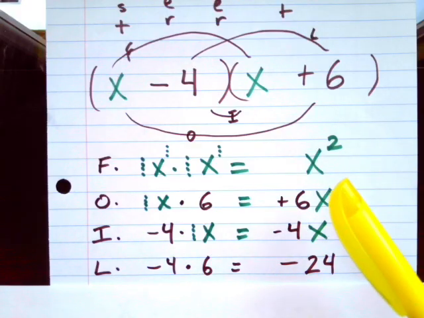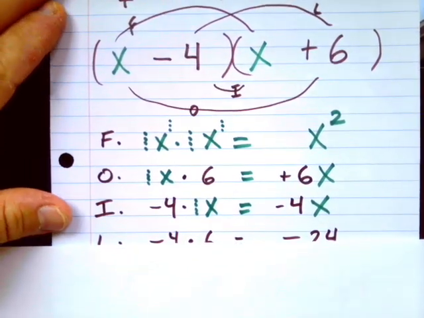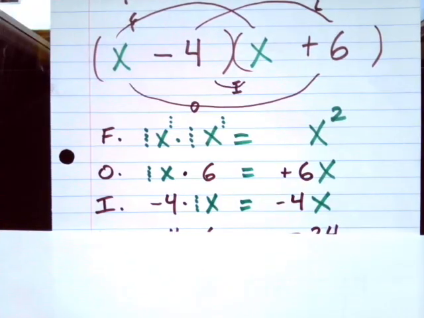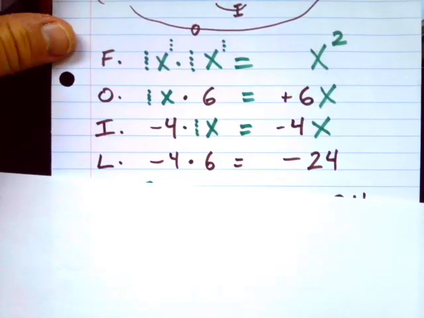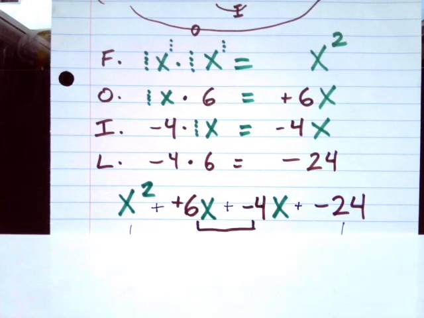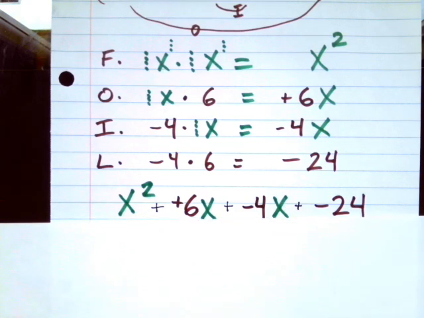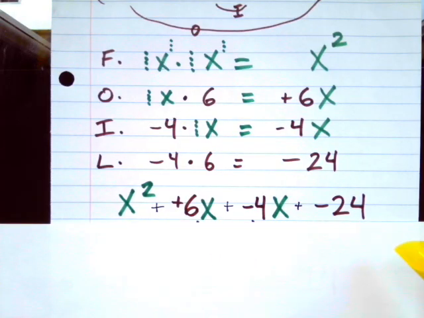So what I'm going to do is take each of these terms and organize them below, combining the like terms. My goal in checking my answer is to come up with the same polynomial expression that I started with. If I did that, I know the factoring is correct. So I'm taking each one of these terms and writing them in algebraic order.